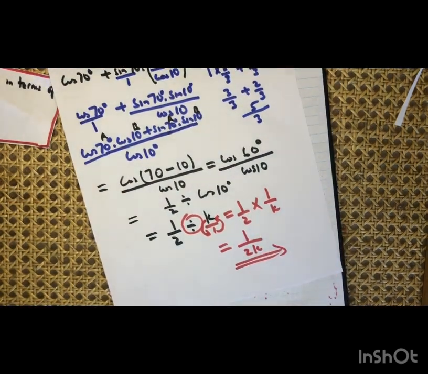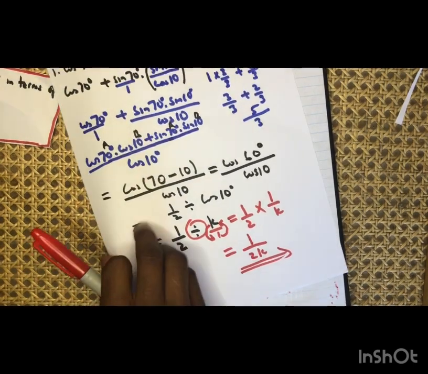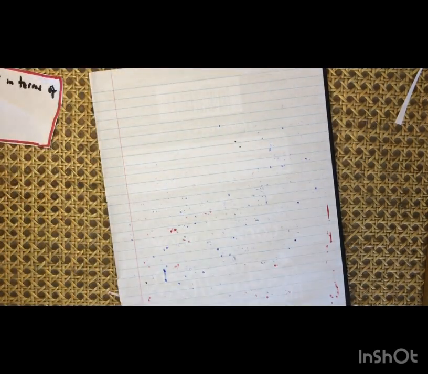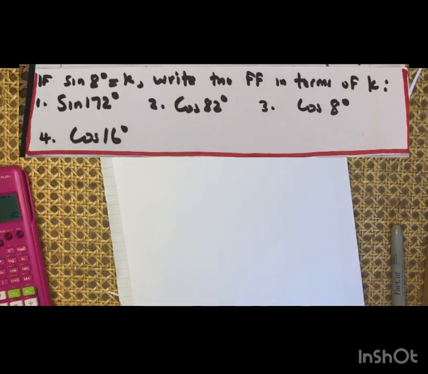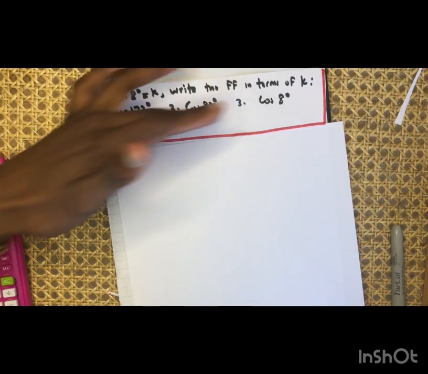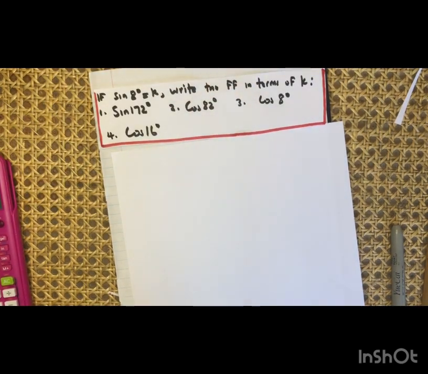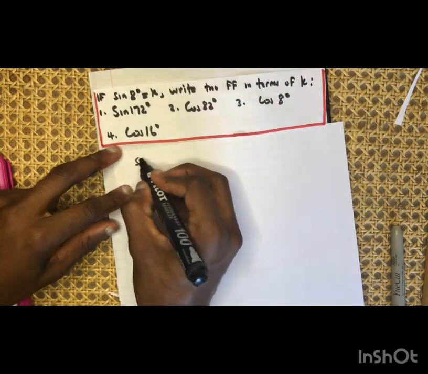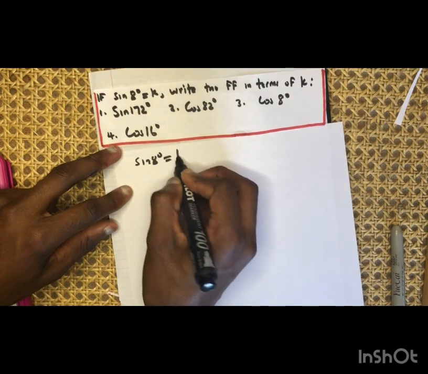So we have this question, the last question. I'm not going to finish it, guys. So now we have this question again. So we need to do Pythagoras again, and with this we can solve this question with the aid of a diagram again. So I have sine 8 equals to k.